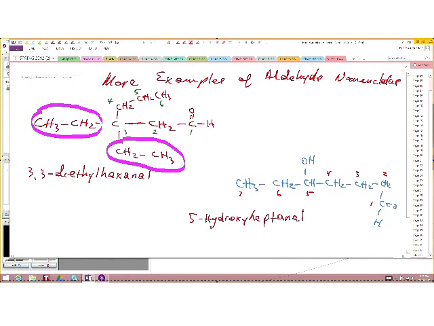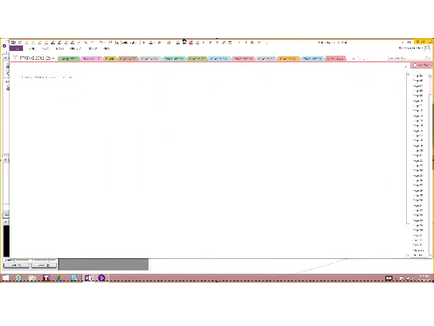Now, supposing we have an aldehyde functionality and a ketone functionality. Supposing we have this. In this case, once again, the aldehyde will have to take preference. And now we are going to name the carbonyl of the ketone as a substituent.